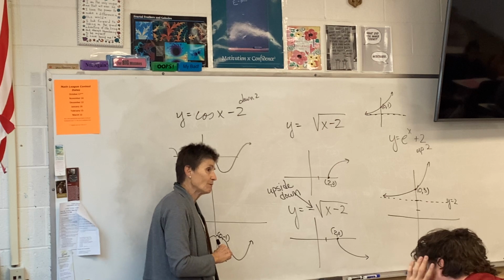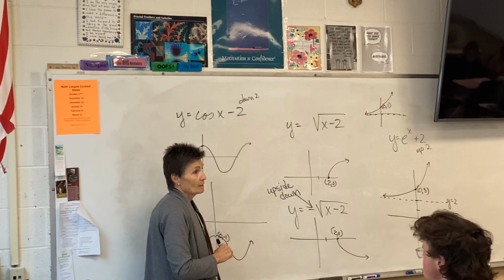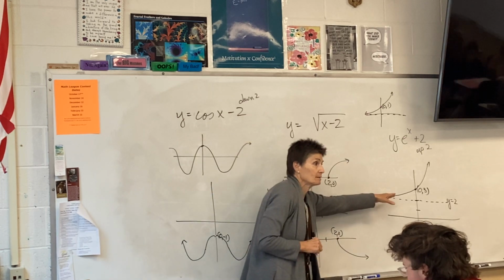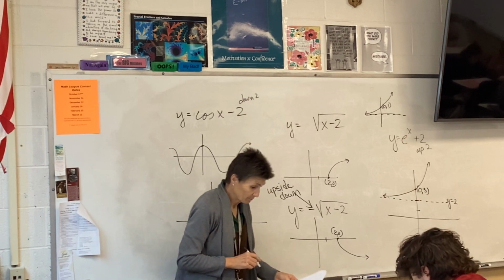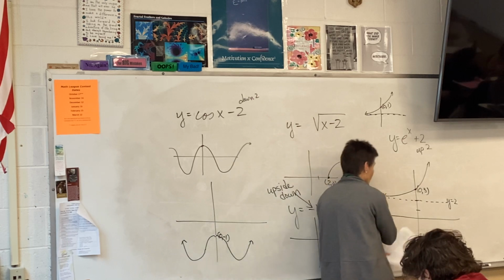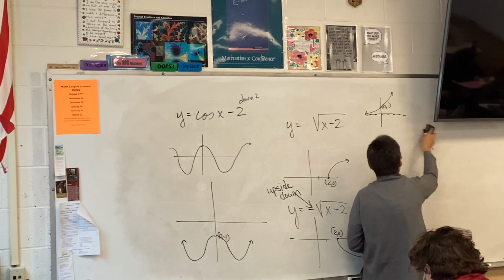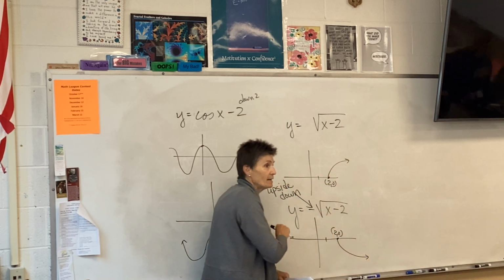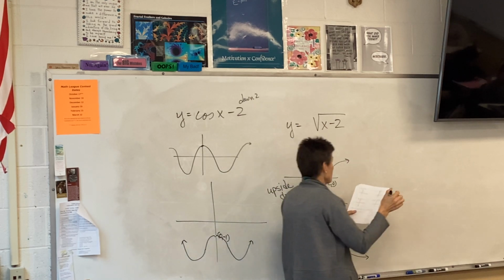If there's a negative out in front, whatever you drew, turn it upside down. And I promise I'm not gonna give you a crazy thing like that. Okay, so that's the third part of the test. All right, so what have we done so far? We've done domain, asymptotes, and sketching. So now we have the function part.